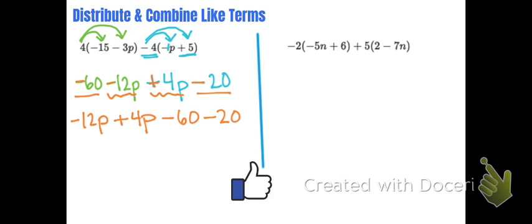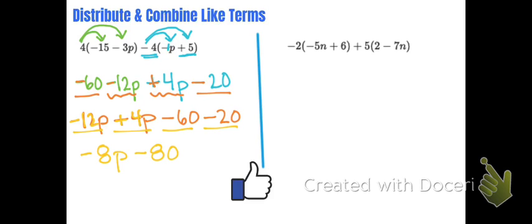Now I can more clearly see which terms I can combine. Remember, when you're combining ones that have variables, you look at the coefficients. Negative 12 plus 4. How many p's do I have? Negative 8 p's. And then negative 60, negative 20, or minus 60 minus 20 is negative 80, or minus 80.